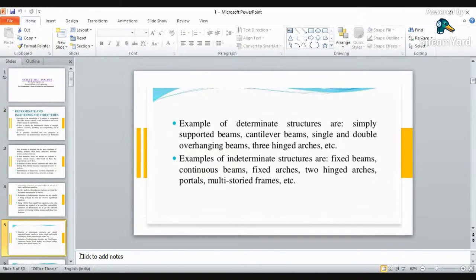Okay, now determinate structures are simply supported beams, cantilever beams, then overhanging beams. These all beams will come under determinate structures. Indeterminate structures are your fixed beams, continuous beams, arches, then multi-story buildings, frames, then portal frames, etc.